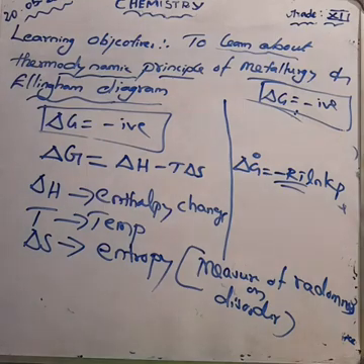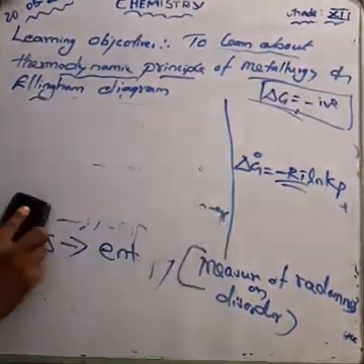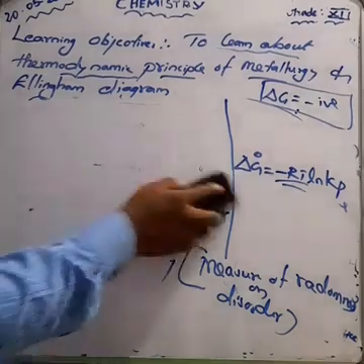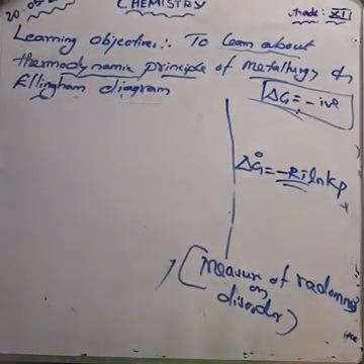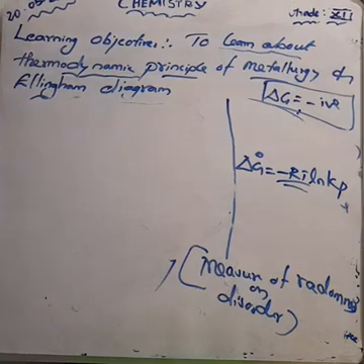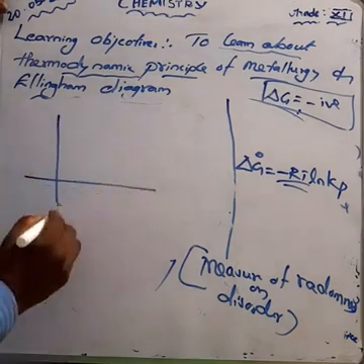He plotted the graph considering the temperature on the x-axis. You have two axes, the x-axis and the y-axis. On the x-axis he mentioned the temperature, and on the y-axis the standard free energy change for the formation of metal oxide.